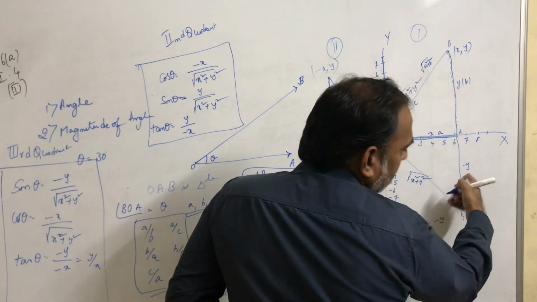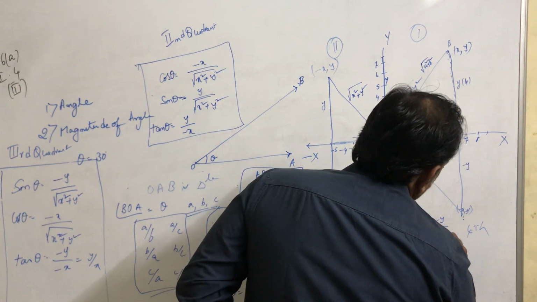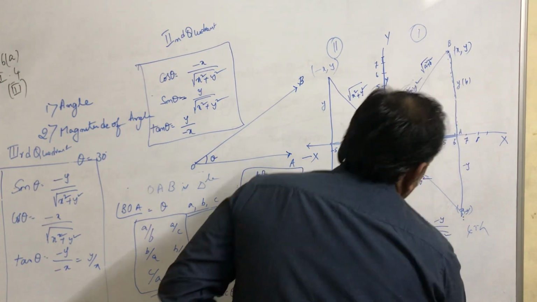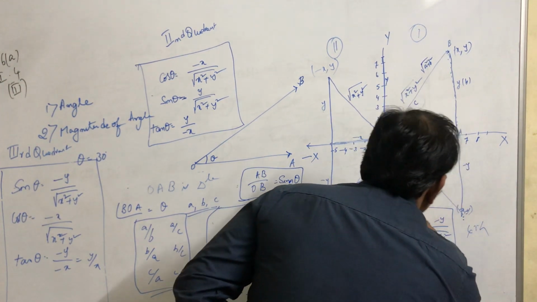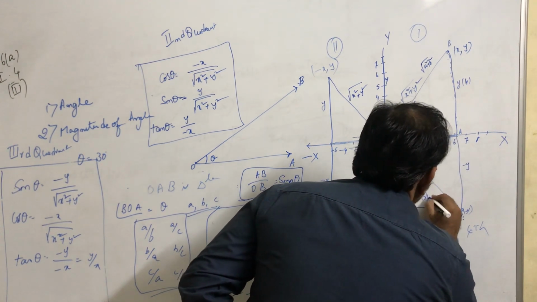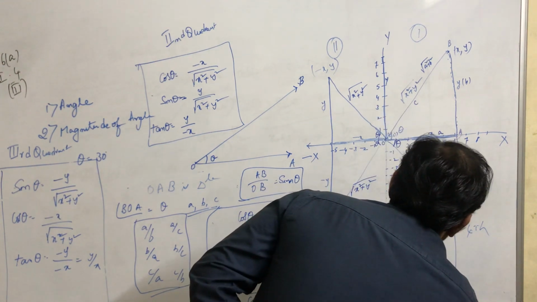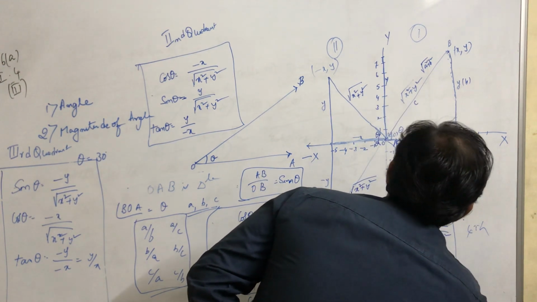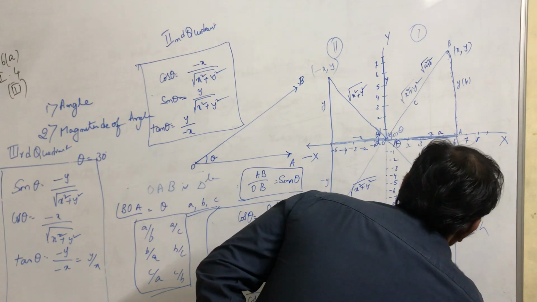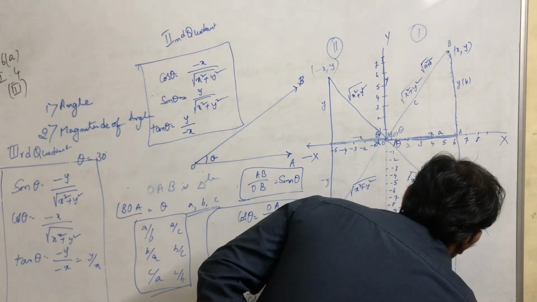Opposite side is minus y. So sin theta is minus y divided by the square root of x square plus y square. This is the fourth quadrant. And cos theta equals x by square root of x square plus y square.